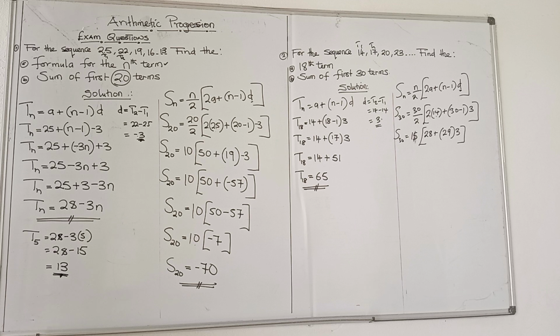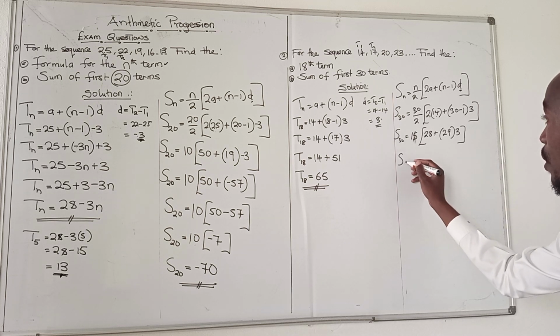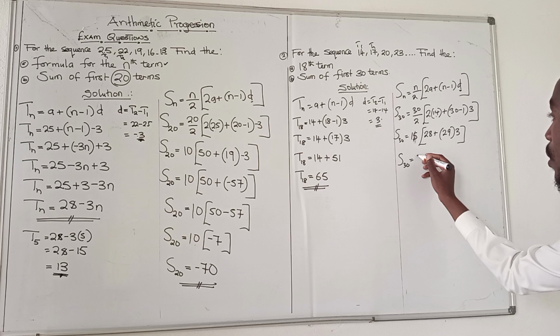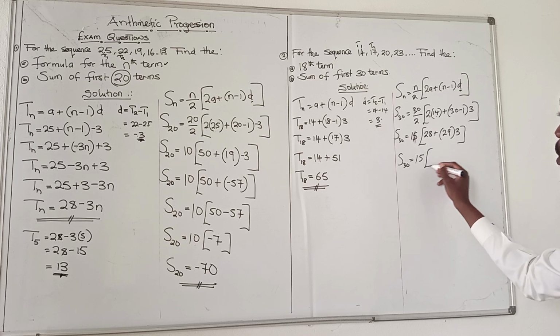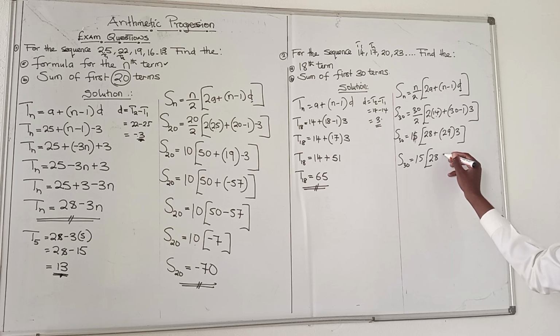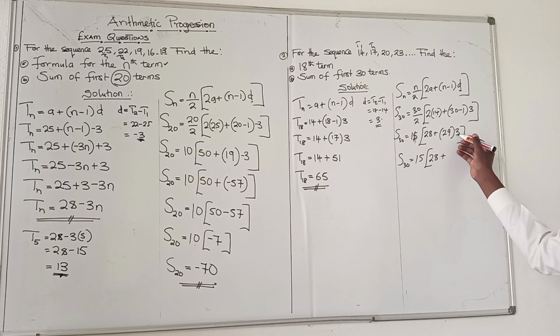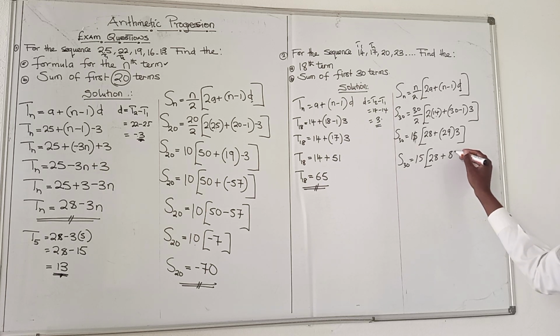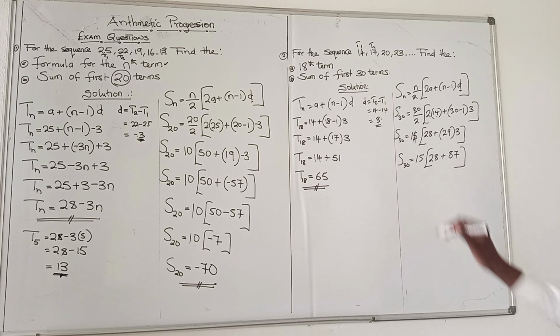I hope you are following the steps that we are making. So the next step will be like this: 15 times 28 plus, 3 times 29. It will give us what? 87. Okay, we have 87. I hope you are following.